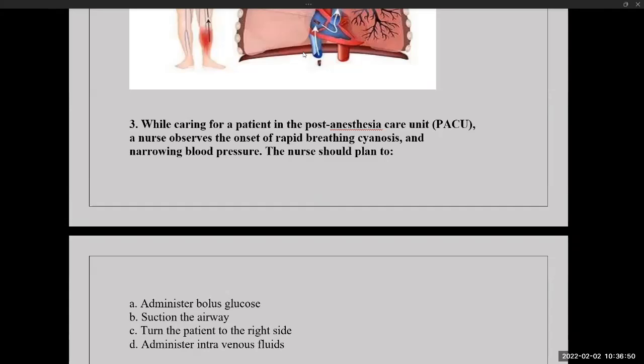See, I'll explain the situation. The patient is in the post-anesthesia care unit, where the patient won't be completely conscious. At this particular moment, the patient has developed rapid breathing, cyanosis, and narrowing blood pressure. Rapid breathing and cyanosis indicate hypoxia.